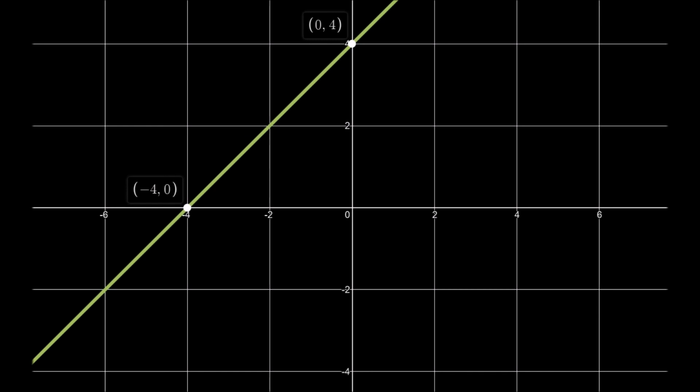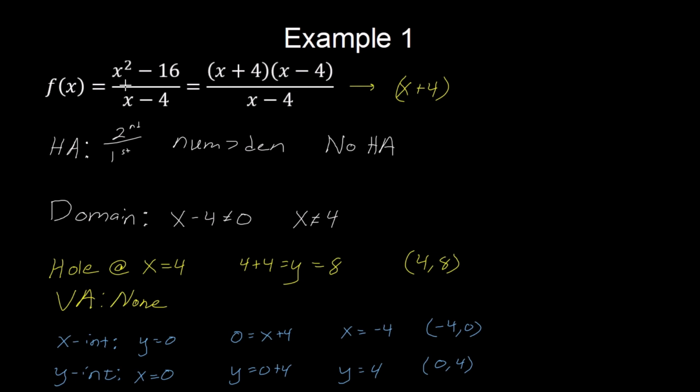If you look back at the equation itself, you'll see that once things cancel out, it actually creates the equation y equals x plus 4, which is just a linear function. So this nasty equation here is equivalent to x plus 4, except it's got a hole when x equals 4.